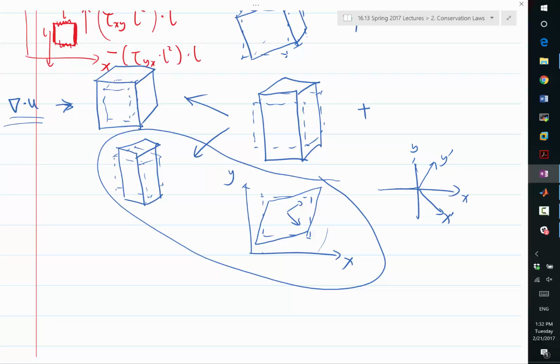Under the 45-degree angle, this purely off-diagonal velocity gradient tensor is actually purely diagonal, right? So there is no physical difference between off-diagonal and diagonal strain tensors. Make sense? All right.